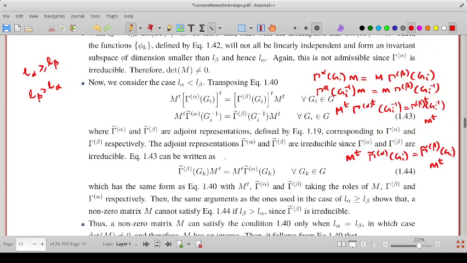But now this looks exactly like this equation with the role of gamma alpha taken by gamma tilde beta and m taken by m transpose and gamma beta taken by gamma tilde alpha. And in this case, for L alpha greater than L beta, we have obtained the result that either the determinant of m is not equal to 0.